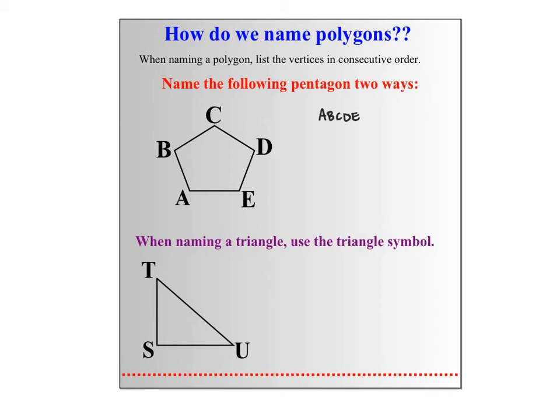Or we could name the polygon any other consecutive order of these letters. For example, I could start with D and call this the pentagon DEABC, or any other where we follow that order. I would, of course, lead with the word pentagon: pentagon ABCDE, or pentagon DEABC.